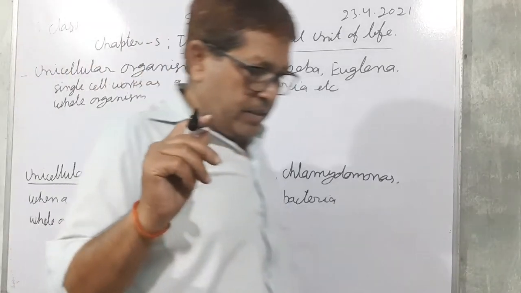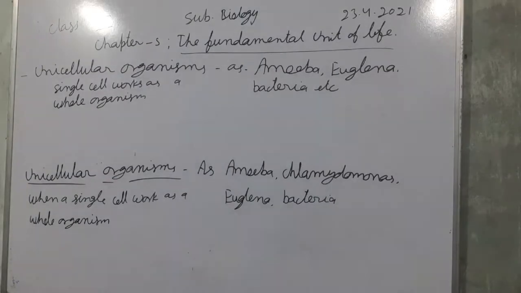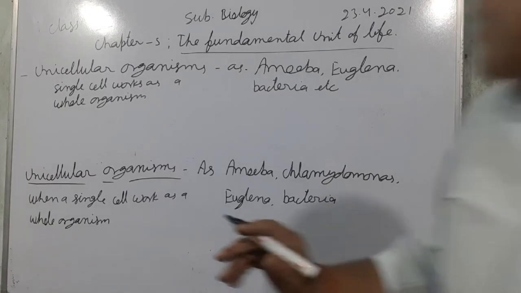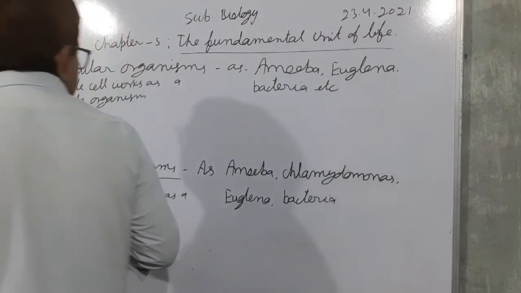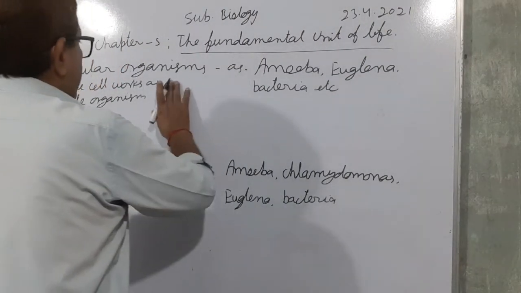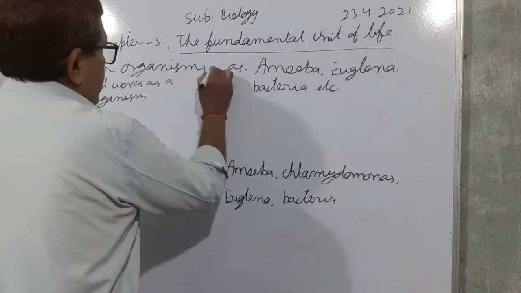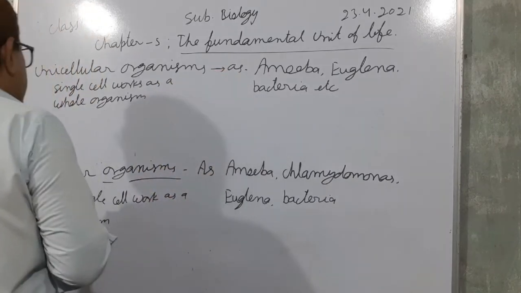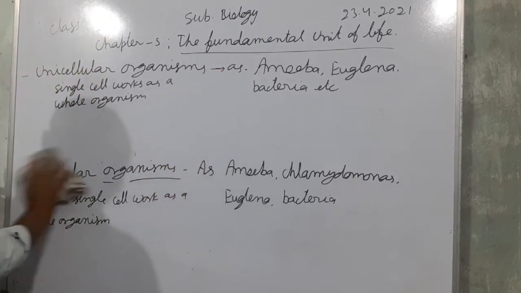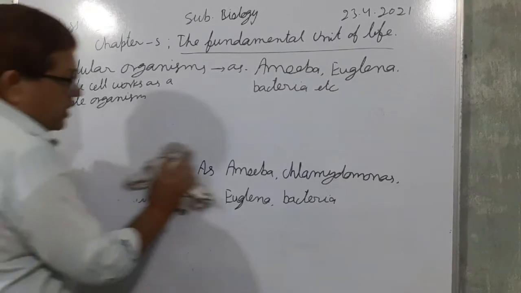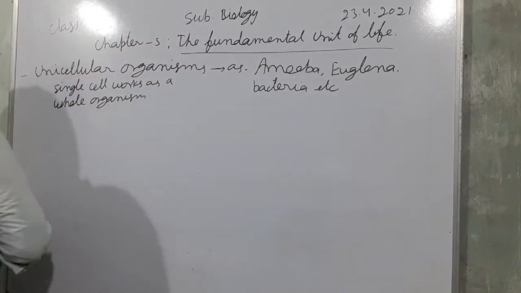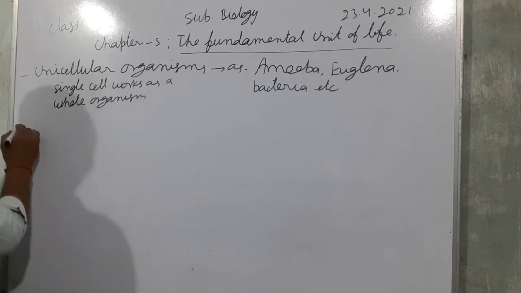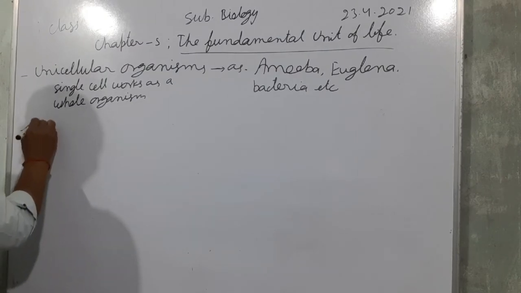Where a single cell works as a whole organism, this is called a unicellular organism. On the other hand, multicellular organism.